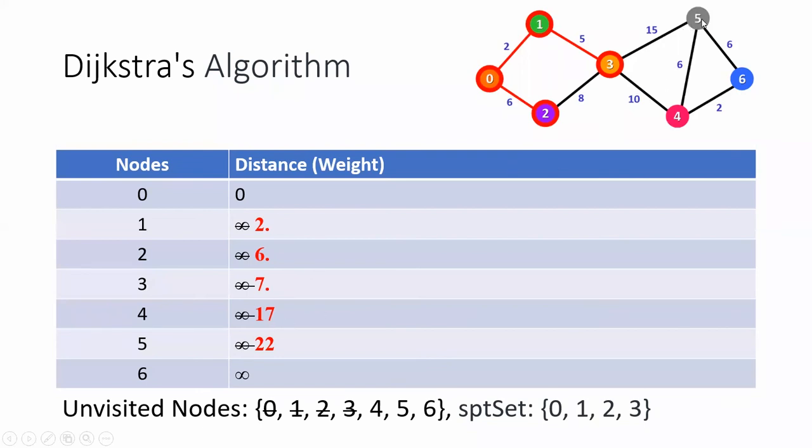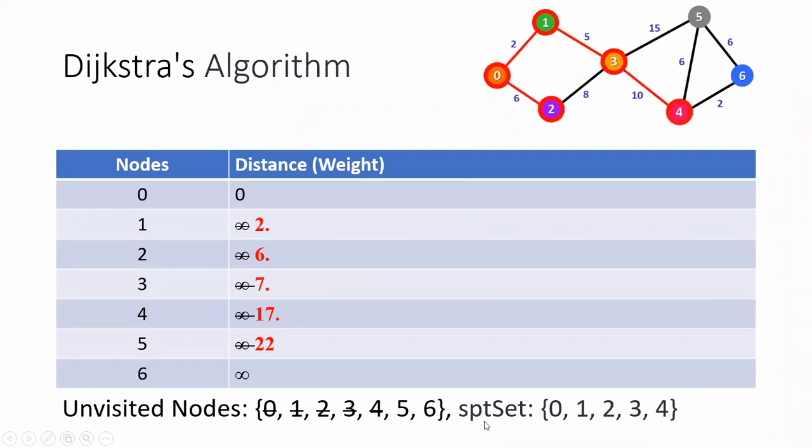Go from 0 to 5 through node 3 is 22, because 15 plus 5 is 20, plus 2 is 22. Again, here we choose the shortest one, which is node 4 with 17. So we put 4 in the shortest path set.